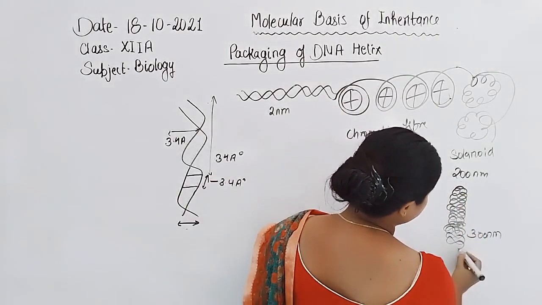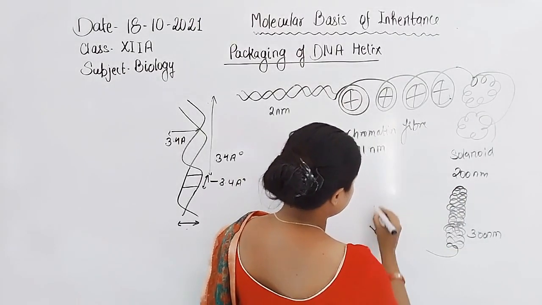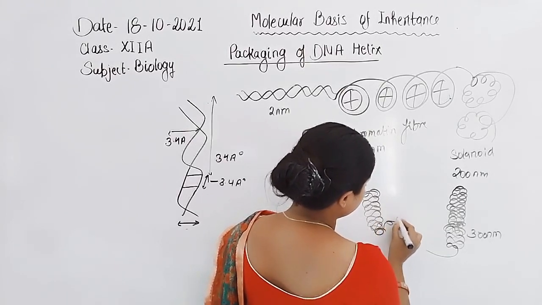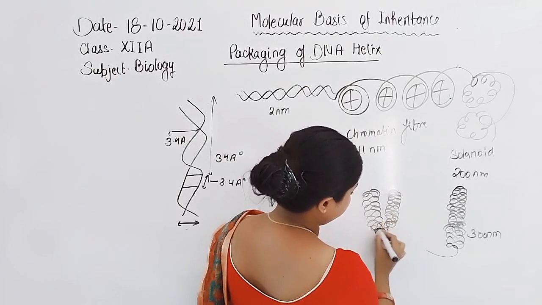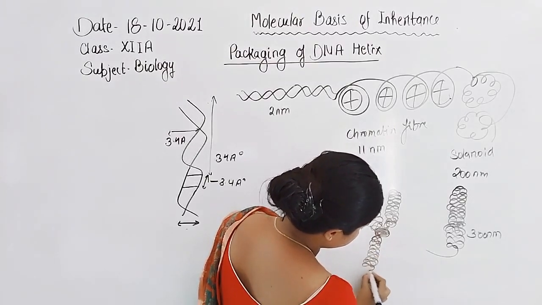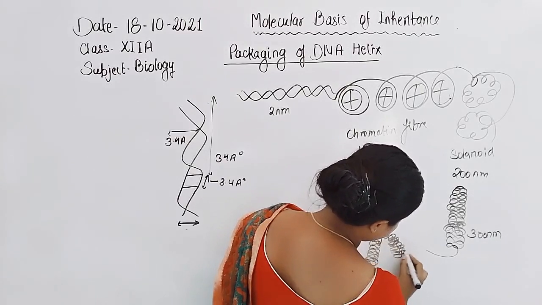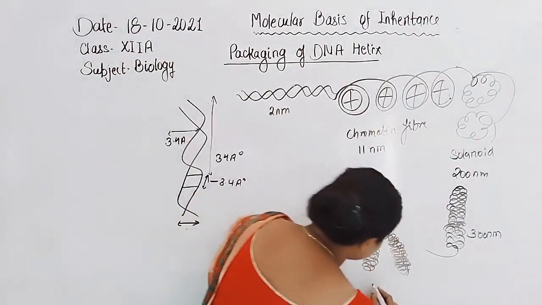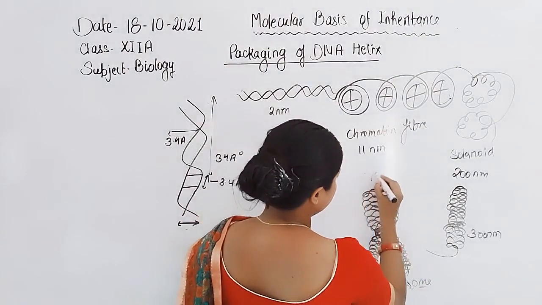Then again coiling and condensation of these forms 700 nanometer DNA. The 700 nanometer DNA is condensed to form chromosome. The diameter is about 700 nanometer.